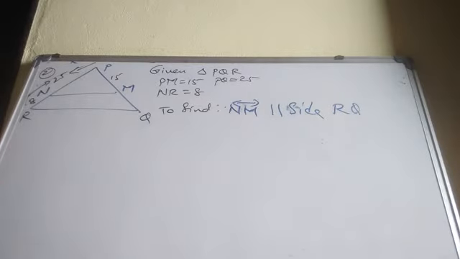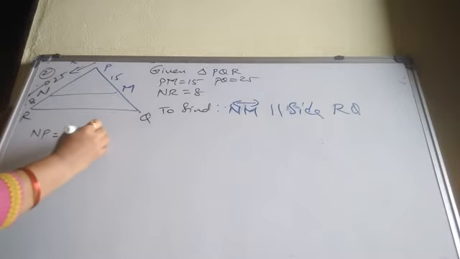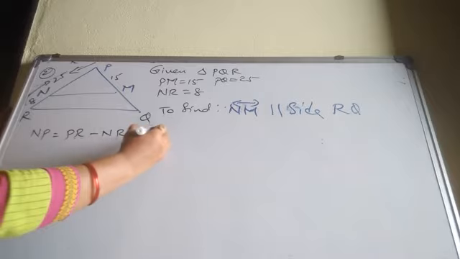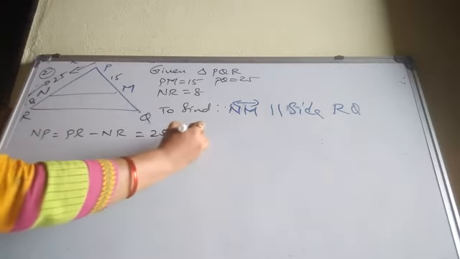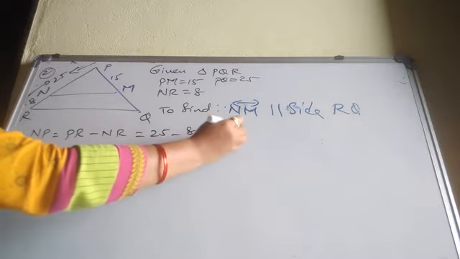First we will find the NP value. NP equals total PR minus NR, that is 25 minus 8, which is 17.